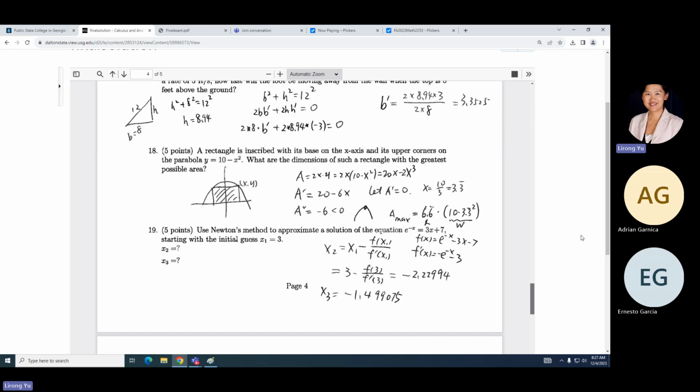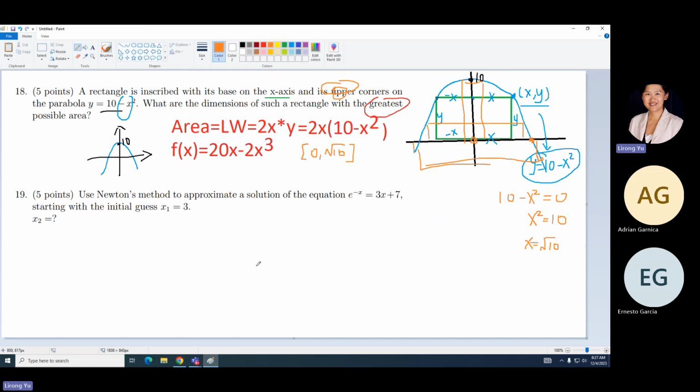Oh, that was a mistake. It's a good point. Yeah, I was wrong with that answer. Yes, you're right. When we find the derivative, it should be 10 minus 6x squared. So we let this equal to 0.